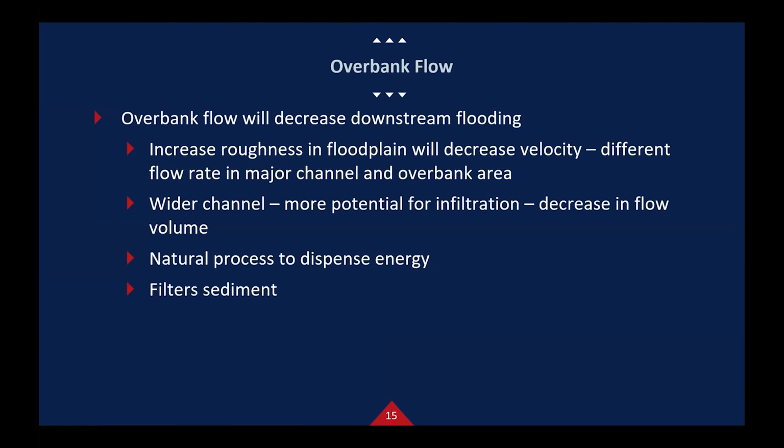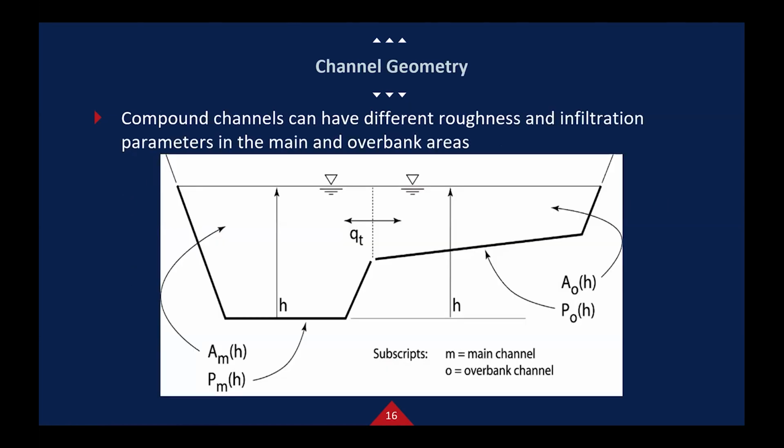We can have overbank flow as well to decrease downstream flooding. You can create a channel that is in two parts: one would be the primary channel, the other would be the overflow bank area. This would address what happens when you have overflow into a natural riparian area. It looks something like this.